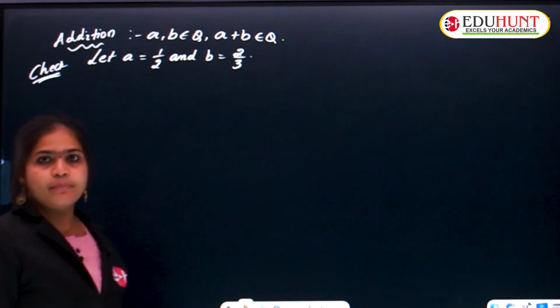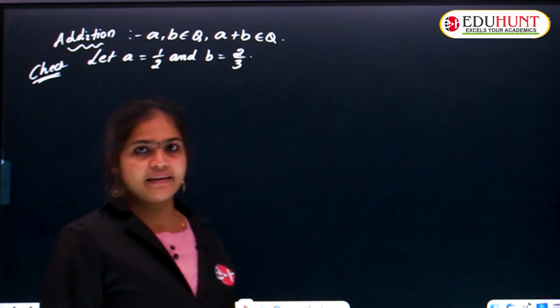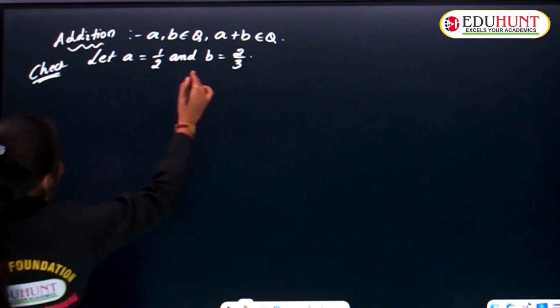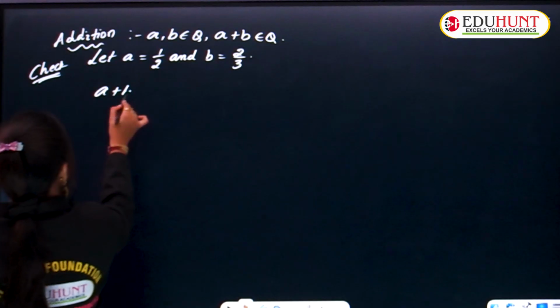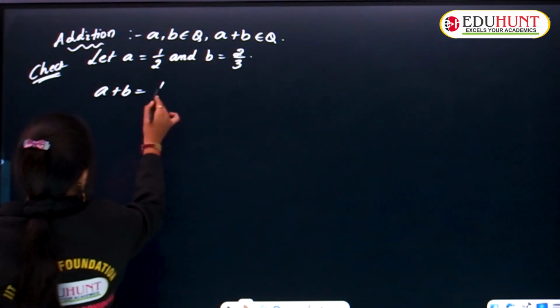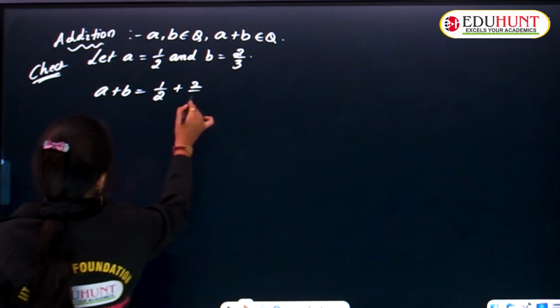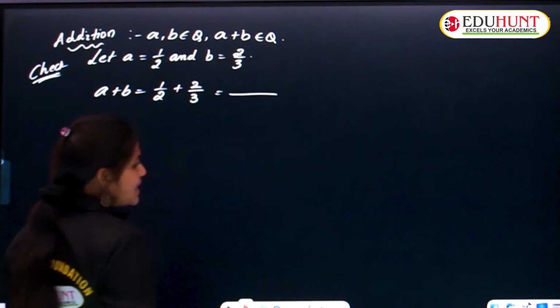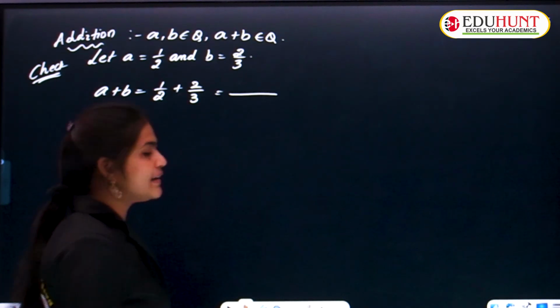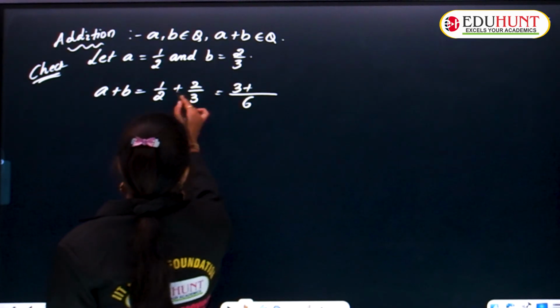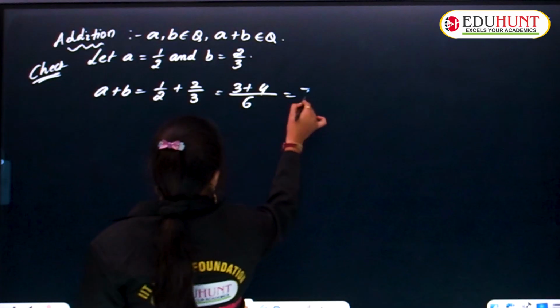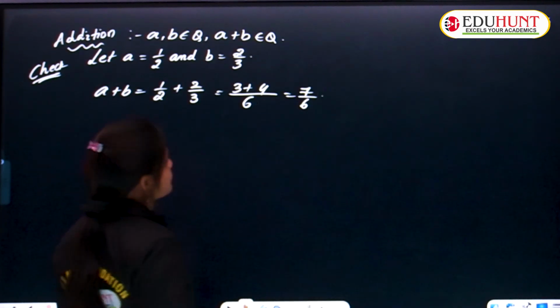Now A and B are rational numbers, we know that. A plus B is equal to 1 by 2 plus 2 by 3. What is the LCM of 2 and 3? The LCM is 6. So 1 into 3 plus 2 into 2, which is equal to 7 by 6.